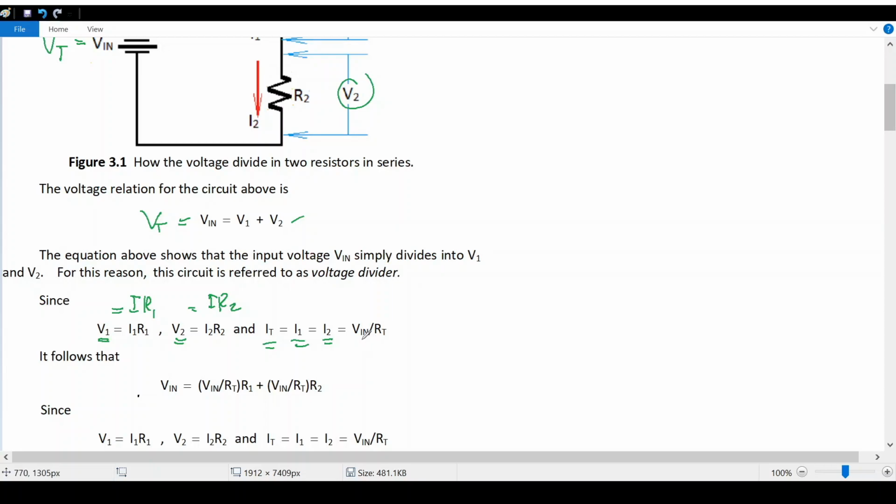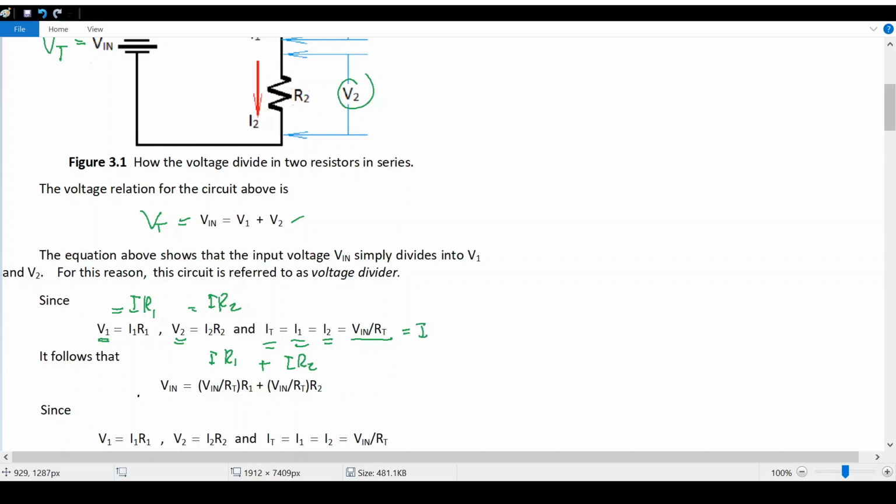Now, the input voltage, or total voltage, divided by R total is the current in the circuit. We can use that to replace the I in the voltages V1, which is I R1, and this is the I R2.